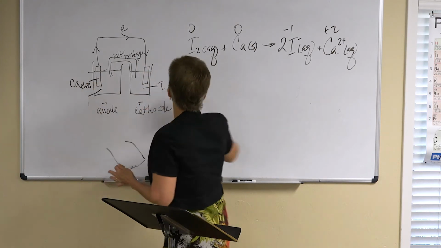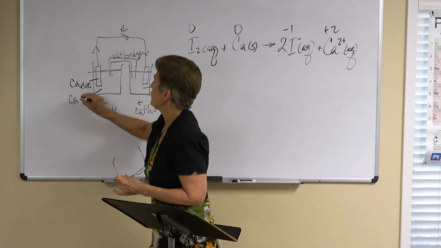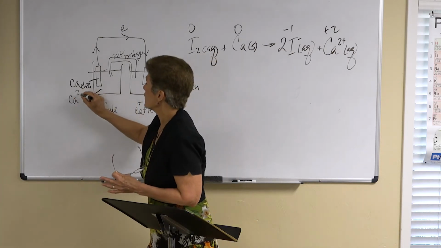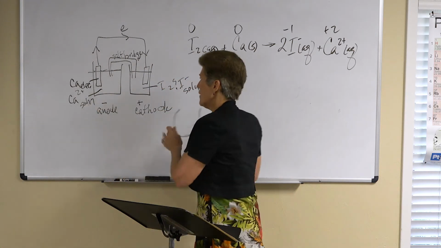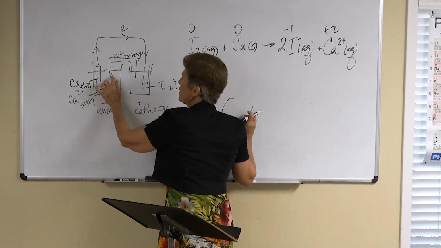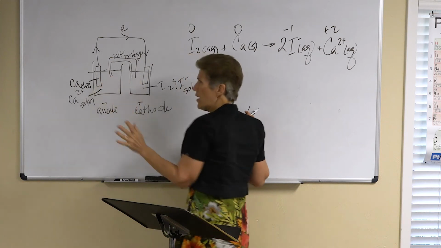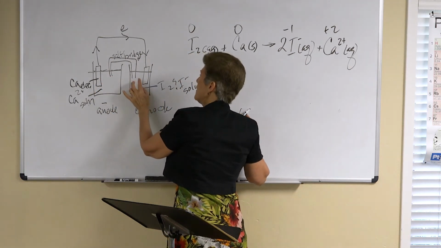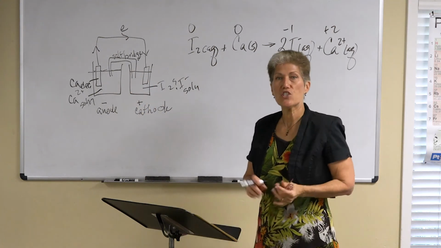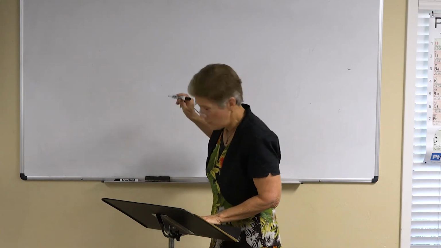You don't have to, but you want to definitely put that all the calcium is over on this side, and that's in solution. Now remember, this side is becoming more positive, therefore it's got to be the negative side of the salt bridge. You don't have to mark it, I just want you to be able to think through this. And this side is becoming more negative, so it's got to be the positive side of the salt bridge to keep this going.